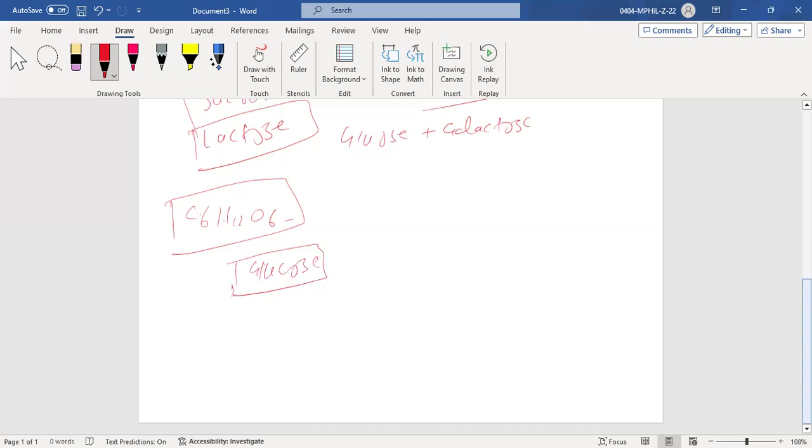How? Like you have this one, carbons 1, 2, 3, 4, 5, 6. In this case, you can add oxygen here, and now this is the carbon. The important thing is the main difference here: we will observe the position of the hydroxyl group and hydrogen.